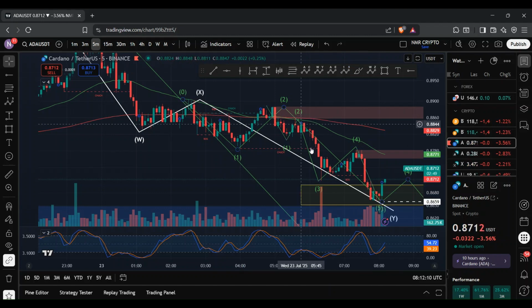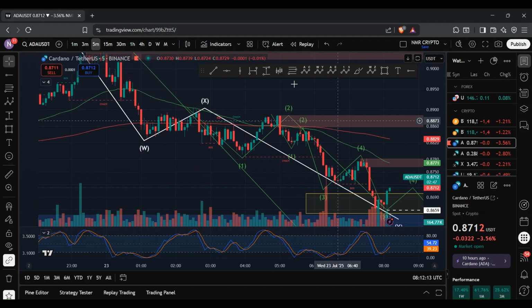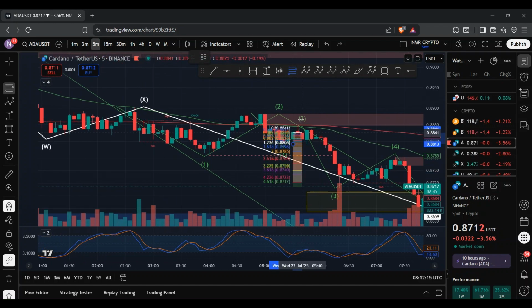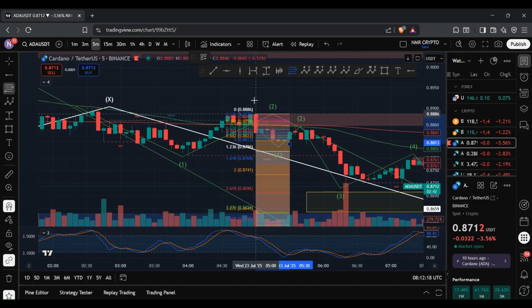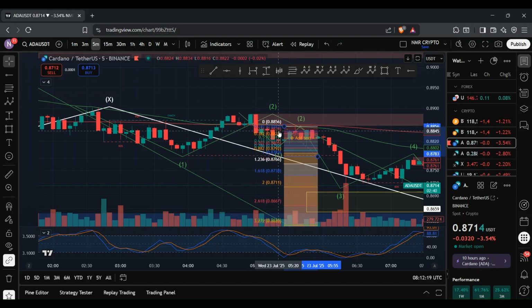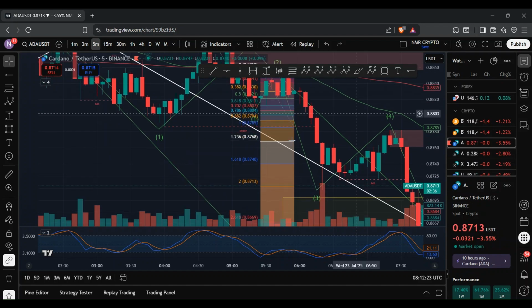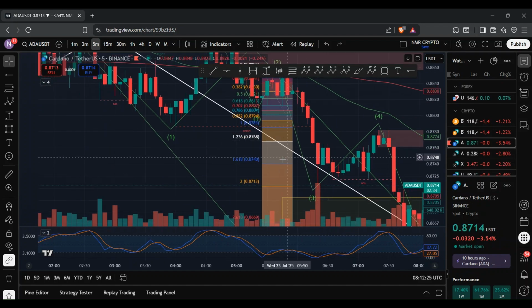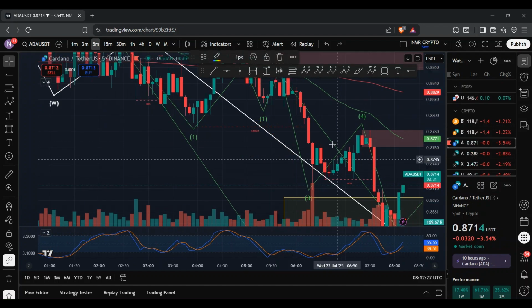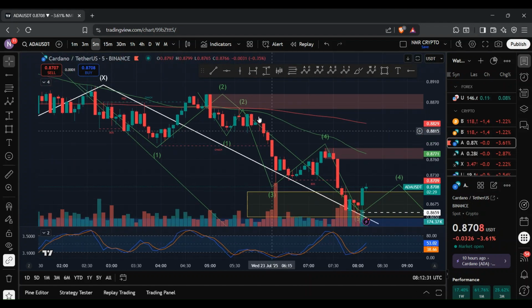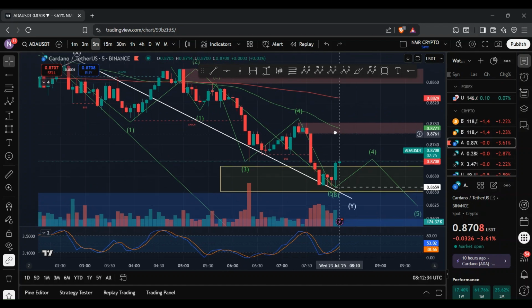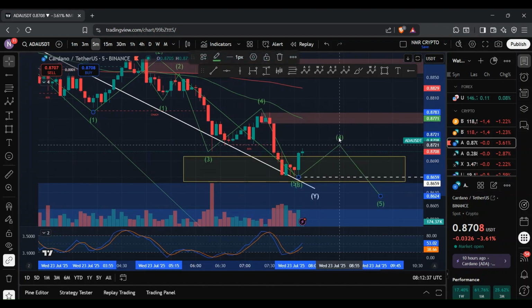And so again, I check to see if this wave 3 has met the minimum requirement, which looks to be the case. And so as you can see, we ended up extending beyond the 1.618 level. And so it looks like this 5-wave structure is now complete to complete the 3rd wave. And we saw this 4th wave play out and this 5th wave. And so we could potentially be within this 4th wave right now.